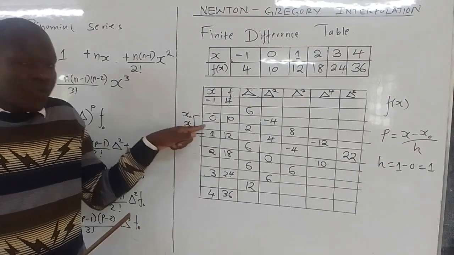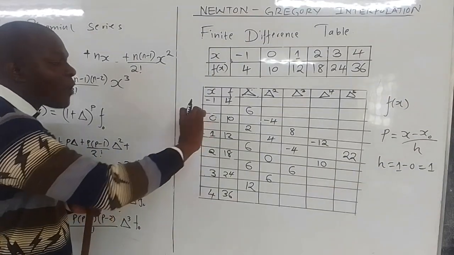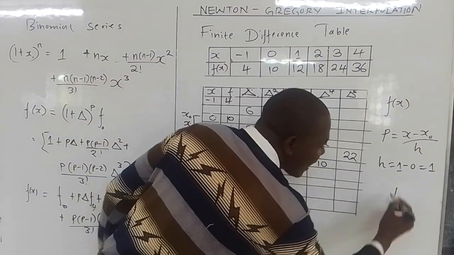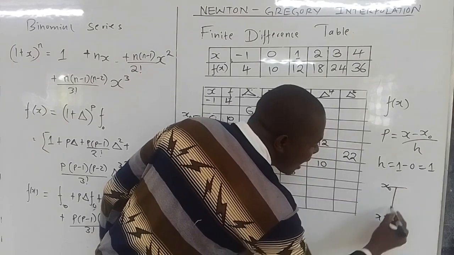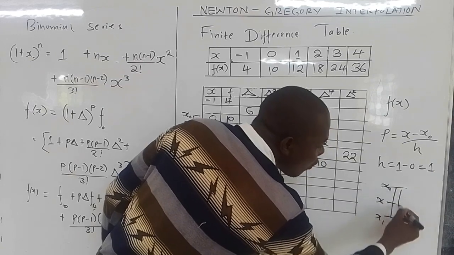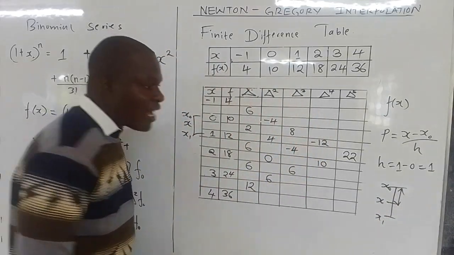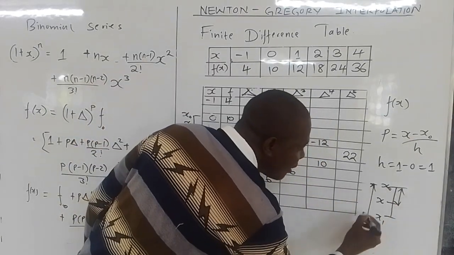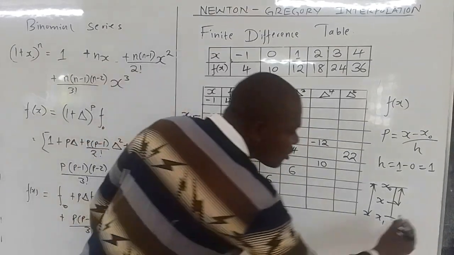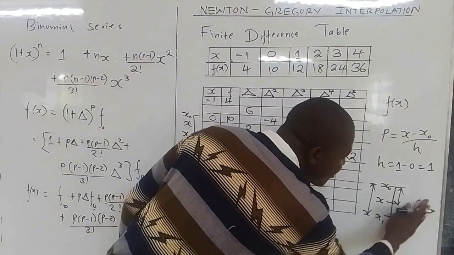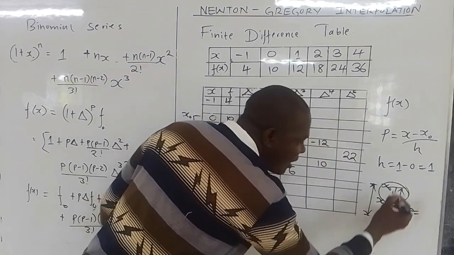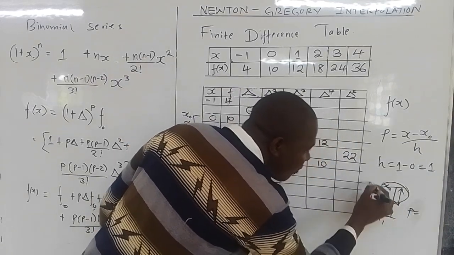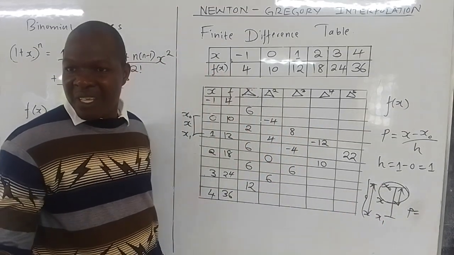But now x is what we want. Here I have x naught, and here I have x1, and I want x, meaning what is this length and what is this length. So P is just the ratio of this length over the whole length.